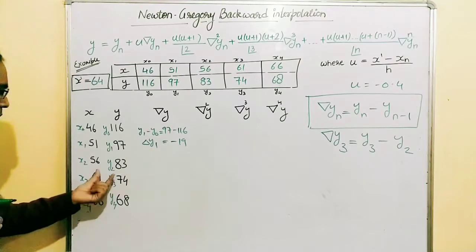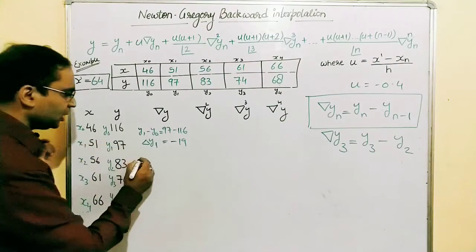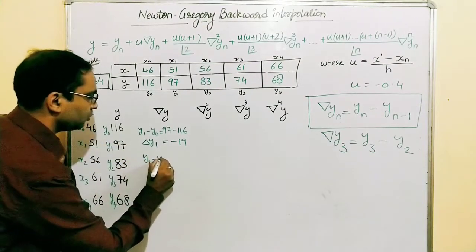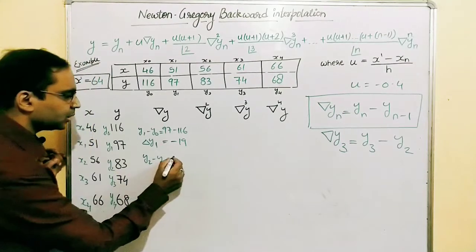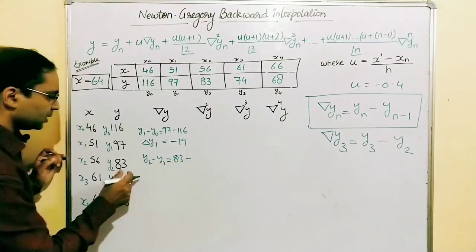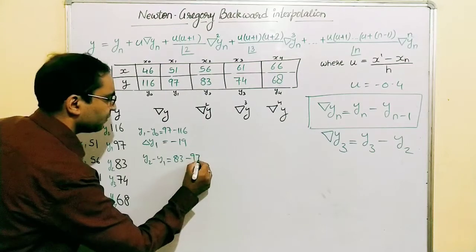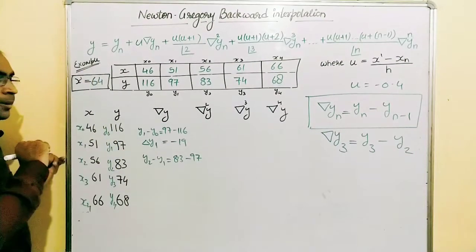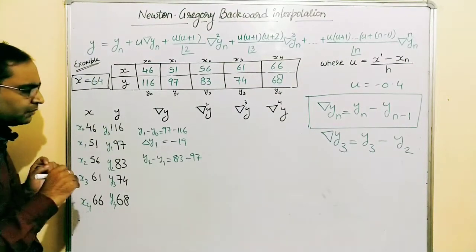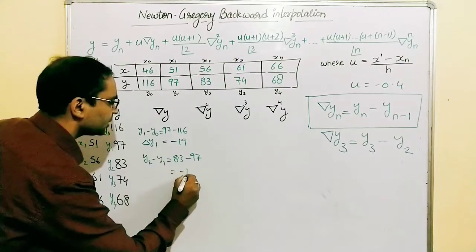Let's move down. So now we have y2 minus y1. y2 is 83 minus 97. So this is minus 14.